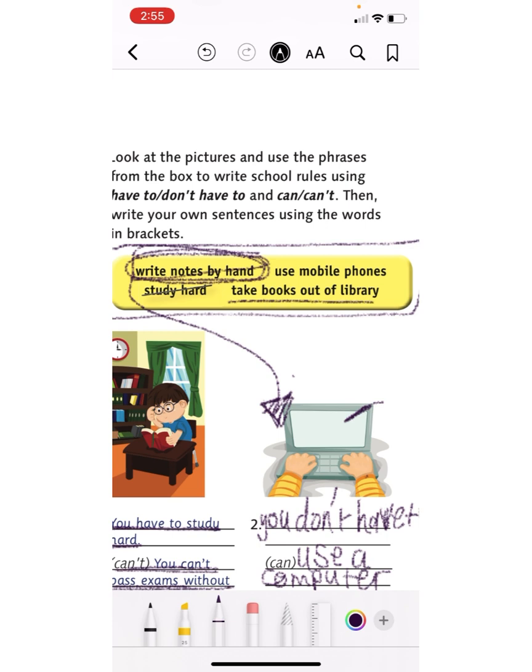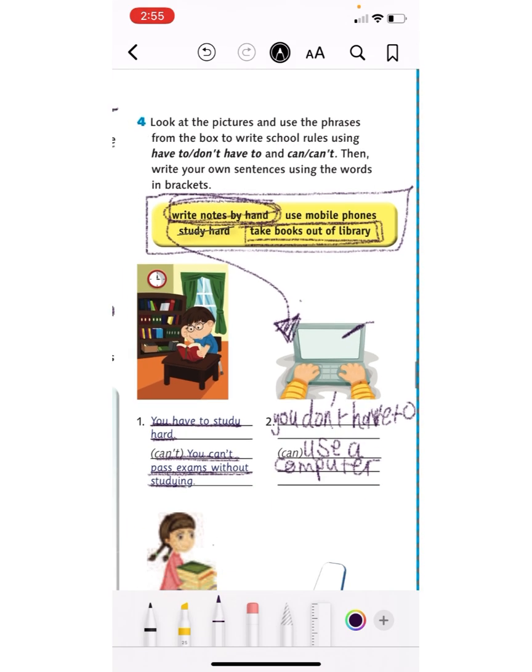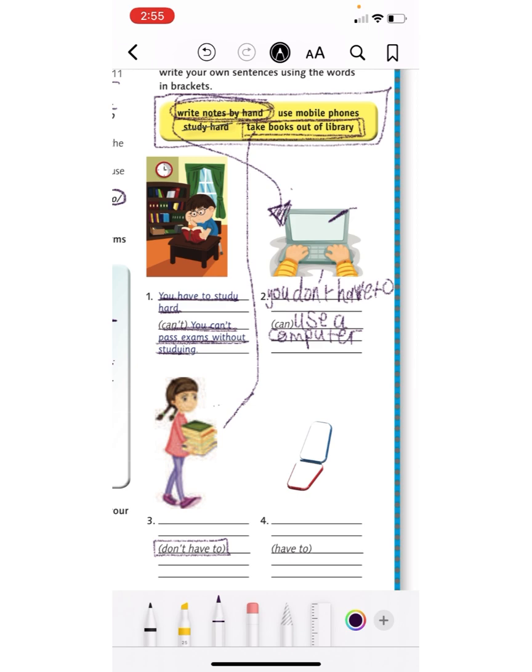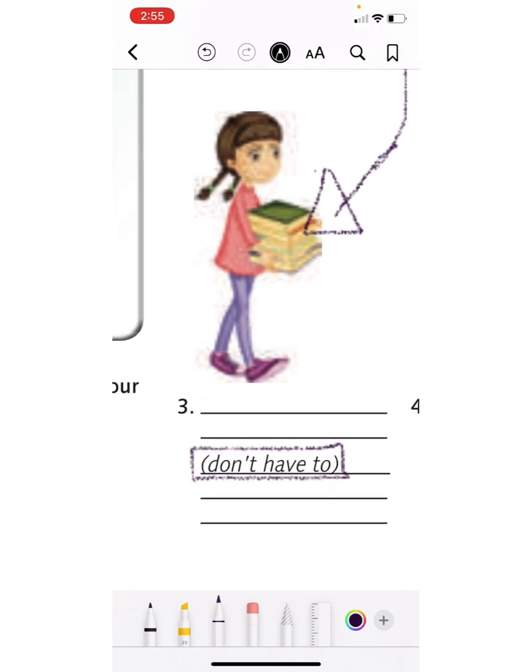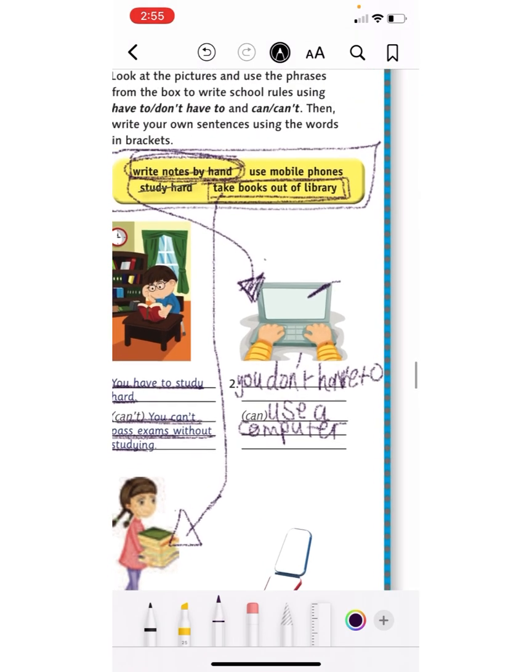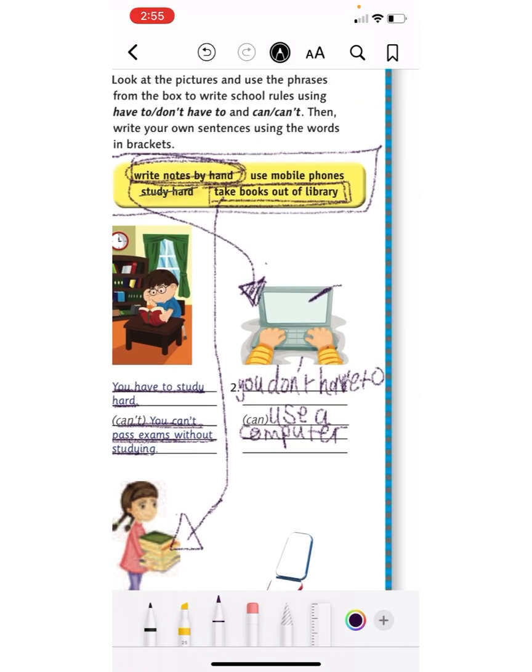Take books out of library. نستخدم هاي. You can. نحكي لها you can. هاي الجملة. You can take books out of library.